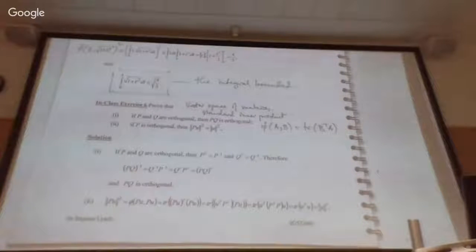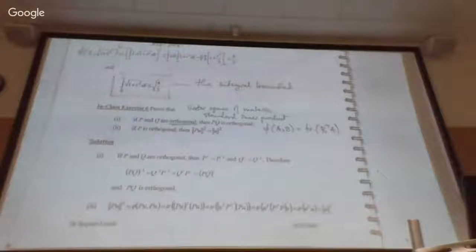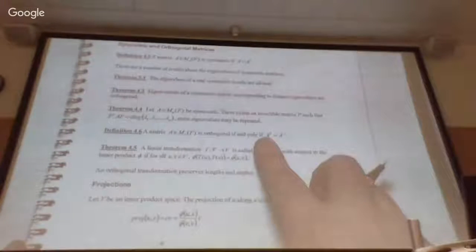Now, actually, I was introducing this term, an orthogonal matrix. I'm not sure if he's defined that yet, although I think he does define it on the following page. Does he define it on page 31?